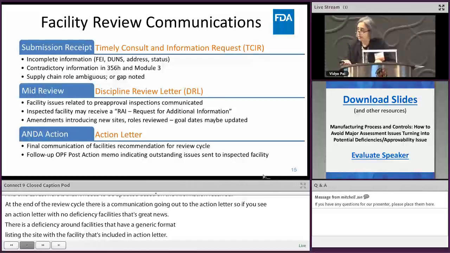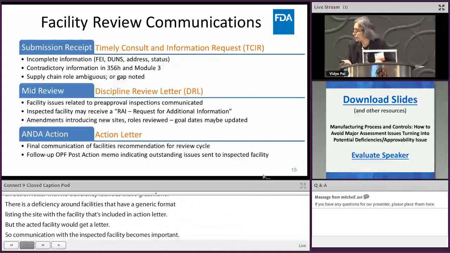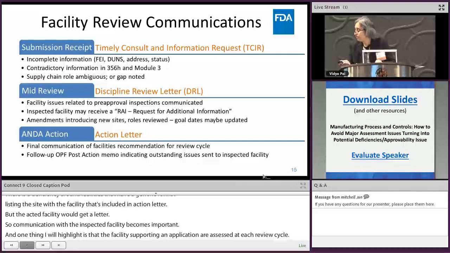One thing I would like to highlight here is that the facilities supporting an application are assessed at each review cycle. So when you receive a complete response and come back in with an amendment, we reevaluate facilities. So it's very important that you really stay on top of the compliance status and any concerns around the facilities.